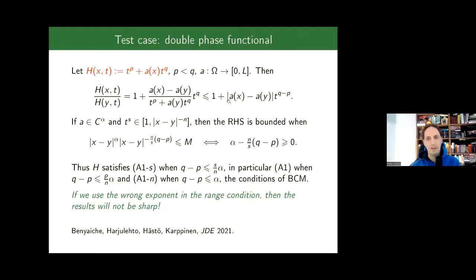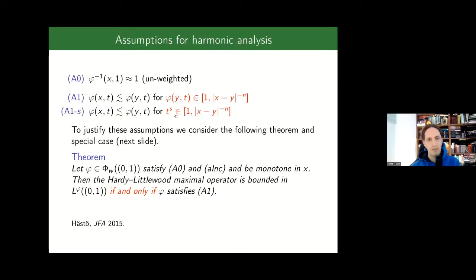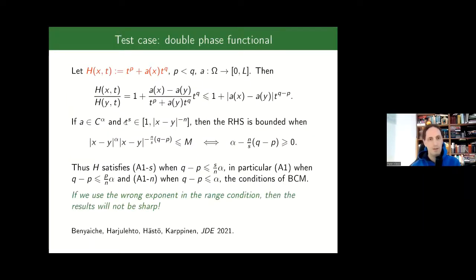So now, in order to control this, we can assume that a is Hölder continuous. This is what is usually done. And then from the assumption, here we have this restriction on t. So from here, I can solve t with respect to this norm and put it there, and then use the Hölder continuity to get this part.